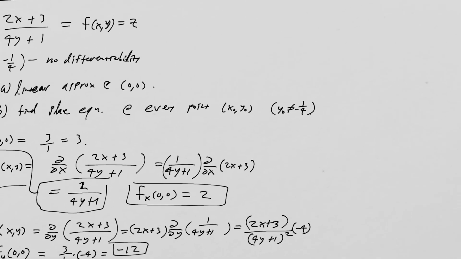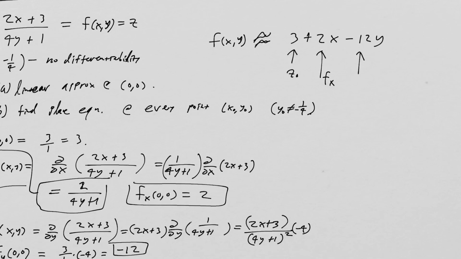If I put these all together, I find that f of x comma y is approximately equal to 3, that's my z naught value, plus 2 times x, that's the fx value, minus 12y, and that, of course, is the fy value.